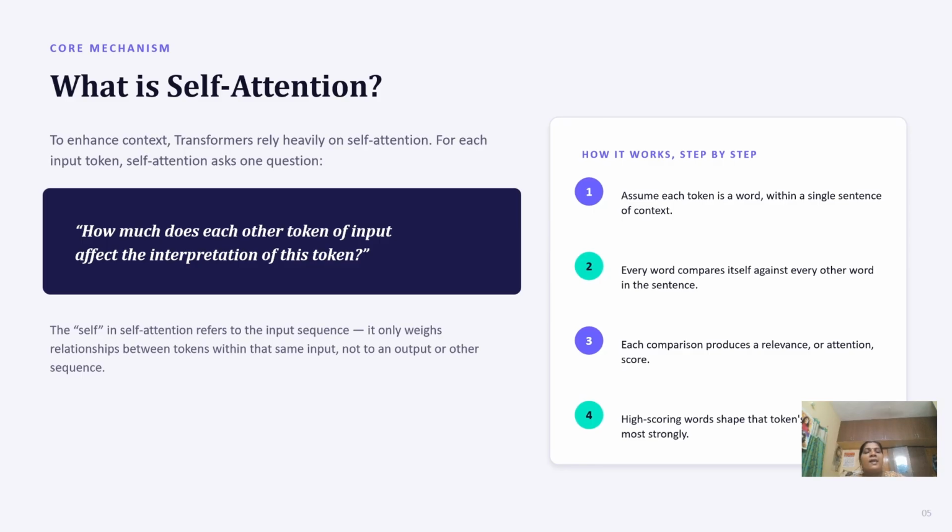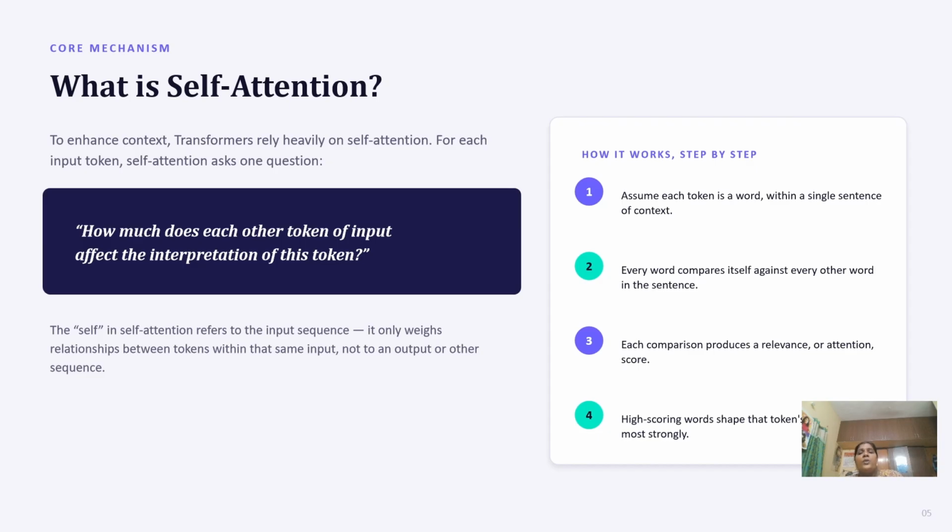The self in self-attention refers to the input sequence. It only weighs the relationship between the tokens within that same input, not to an output or other sequence. Self-attention computes the weights of the relationships between the tokens, and accordingly it gives the interpretation of this particular token.